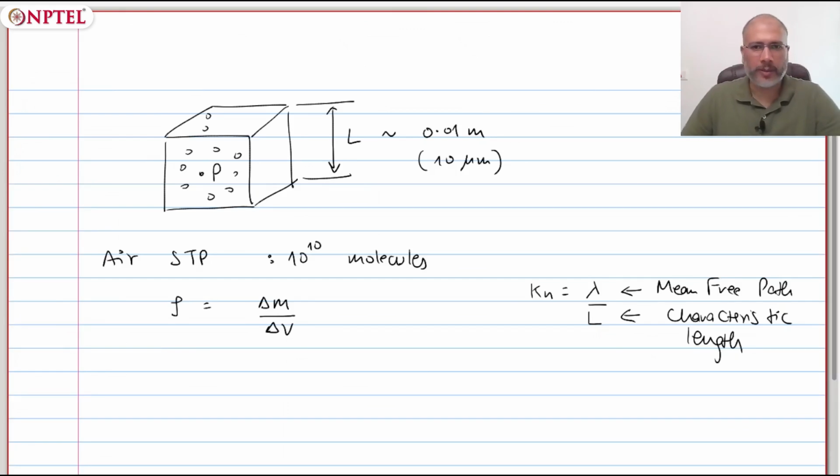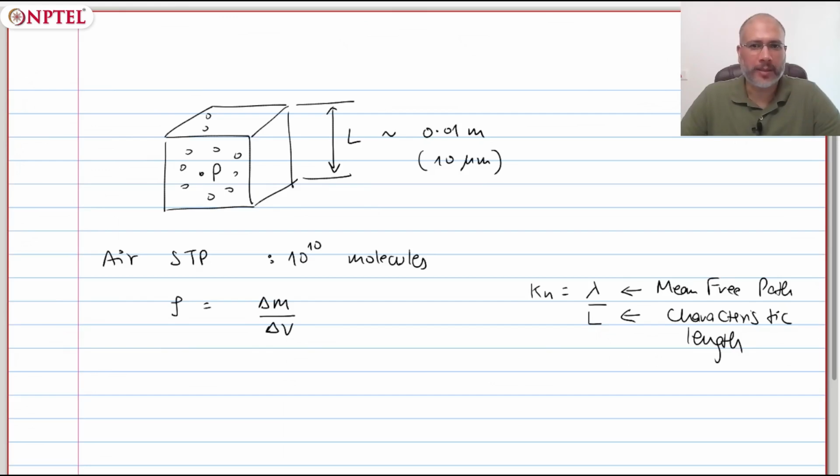So mean free path inside this small cube containing molecules of air is defined as the average distance a molecule travels before it ends up colliding with another molecule or with the walls.